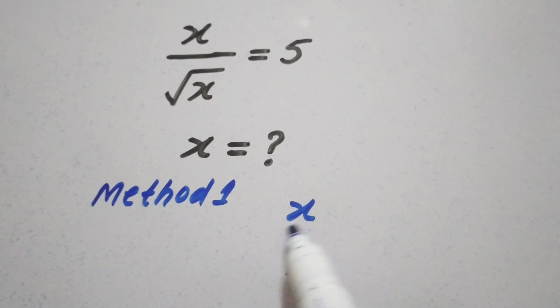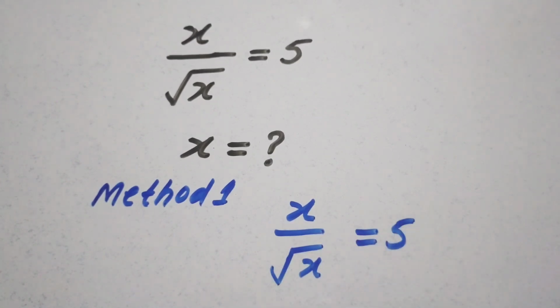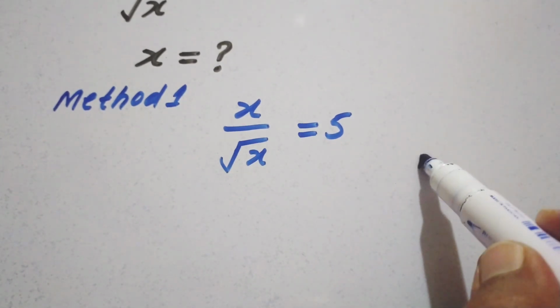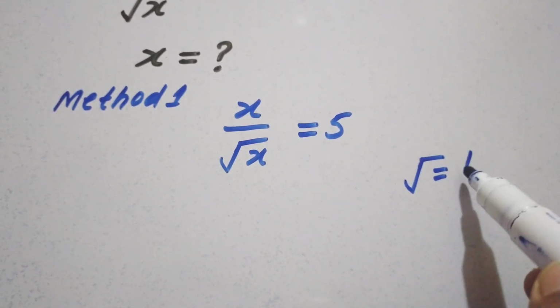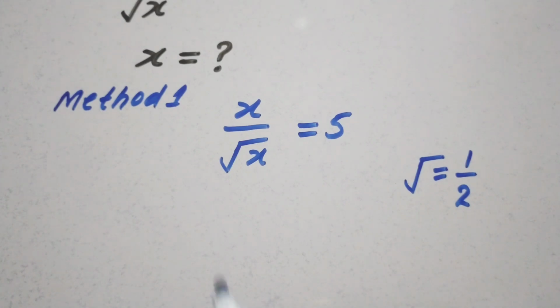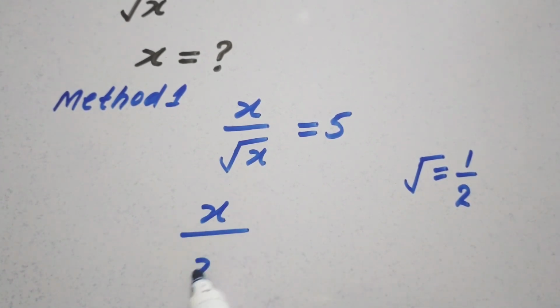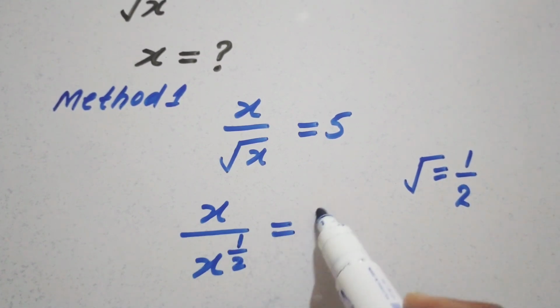As x divided by square root of x is equal to 5, we know that the value of square root is 1 by 2. So this will become x divided by x power 1 by 2 is equal to 5.